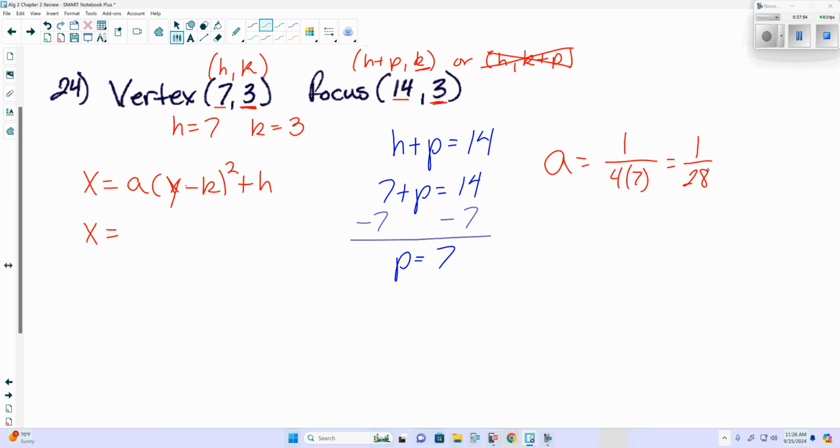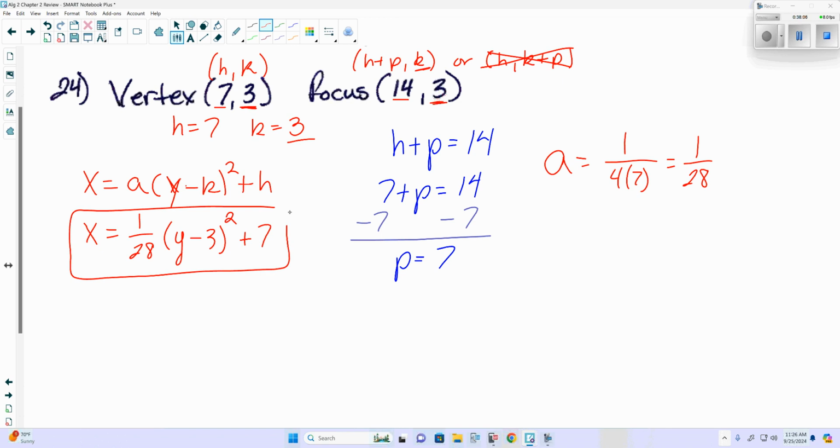Just plug it in the calculator and let it do that for you. Now we're just going to replace a with 1 over 28: y minus k, y minus 3 squared, plus 7. Because once we find a, h, and k, just plug them back into the general form, and we have the equation.